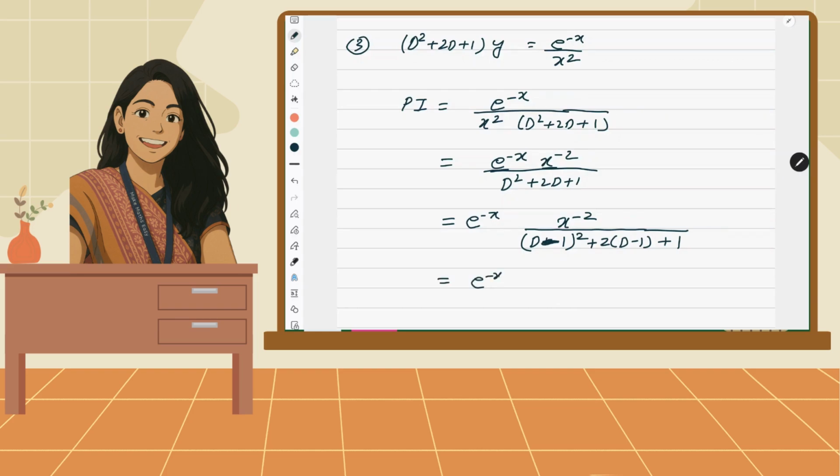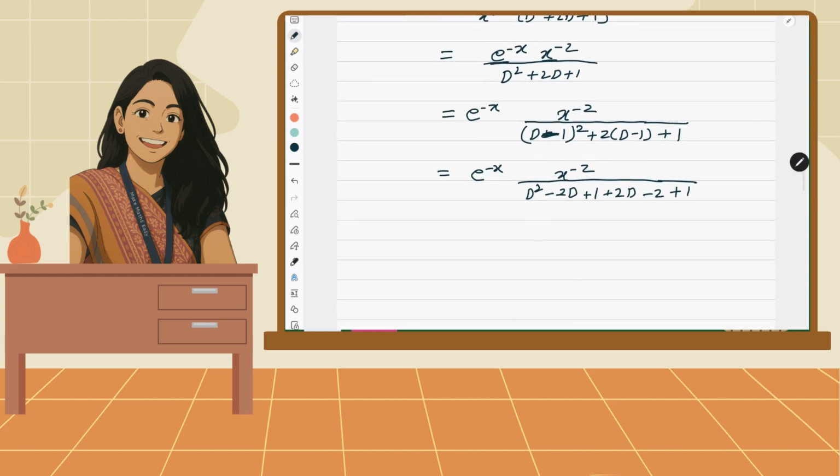So this is e to the power minus x, x to the power minus 2 upon D square minus 2D plus 1 plus 2D minus 2 plus 1. So e to the power minus x, x to the power minus 2, again see, cancel, cancel. So D square. So the same thing as in the previous question, I will get double integration of x to the power minus 2 dx dx.